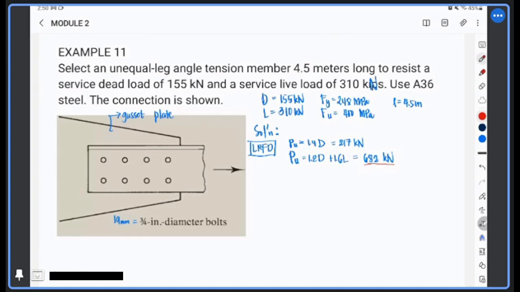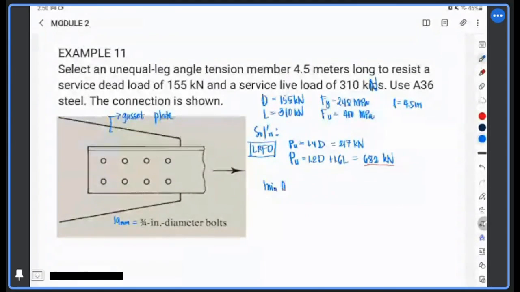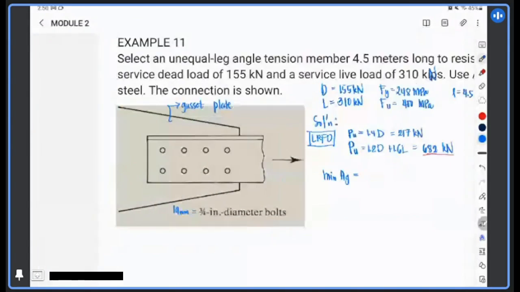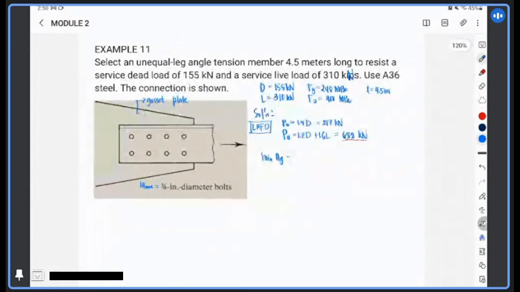Now we compute for the minimum gross sectional area, minimum Ag. If you don't want to memorize the formula, class, we'll just use the Pu. You can equate it to phi Pn.